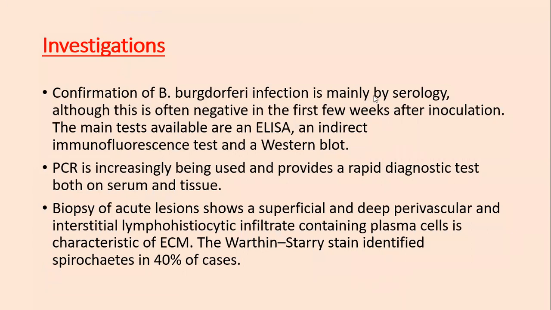Confirmation of Borrelia burgdorferi infection is mainly by serology. So the main test is ELISA or indirect immunofluorescence or Western blot. PCR is increasingly used now as a diagnostic tool. Biopsy shows superficial and deep perivascular lymphocytic infiltrate, and Warthin-Starry stain identifies spirochetes in 40% of the cases.